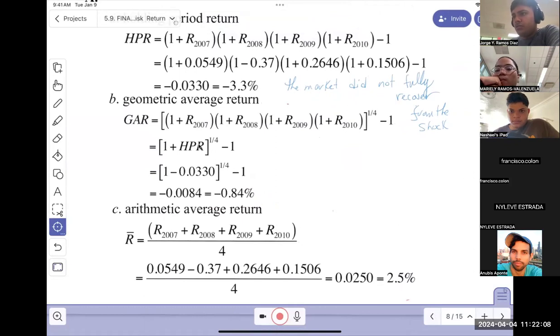Okay, that's important. So that's 0.84, sorry, percent, which is about 1% loss. And that makes sense, right? If it's 3.3 total, then it's about 1% a year. And that's estimated nicely with the GAR.